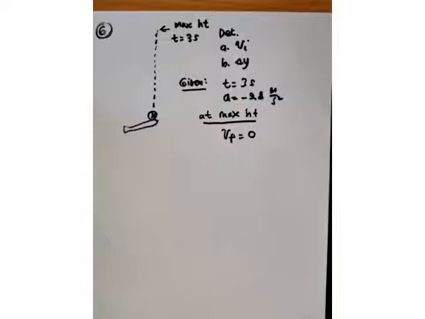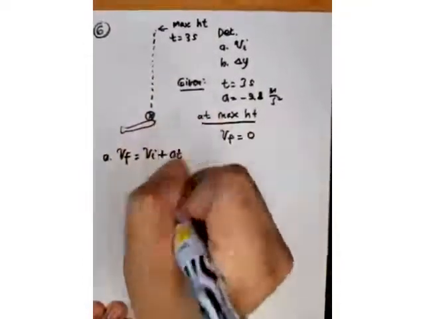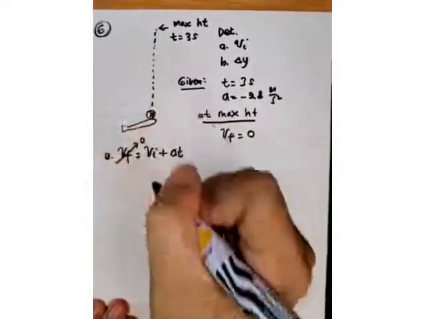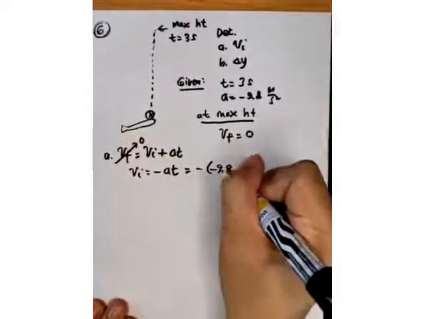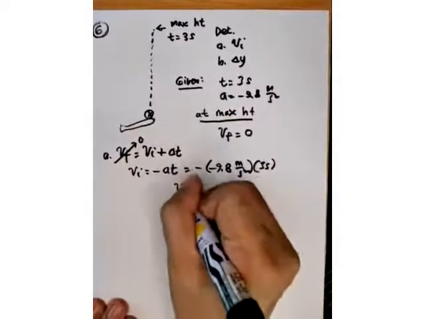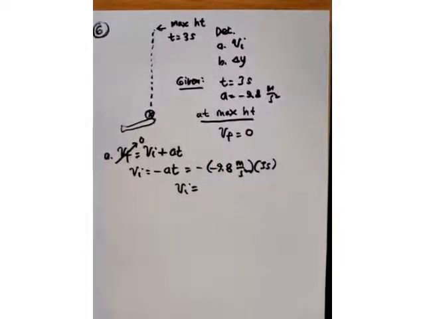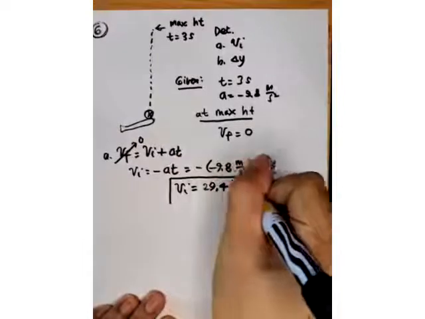Okay, so since we have these 3 given, what formula are we going to use? Siyempre may V final, di ba? So letter A, V final is V initial plus at. But V final is 0. So V initial is negative at. So that's equal to negative 9.8 meters per second squared times 3 seconds. So what's the initial velocity? Okay, it's 29.4 meters per second.